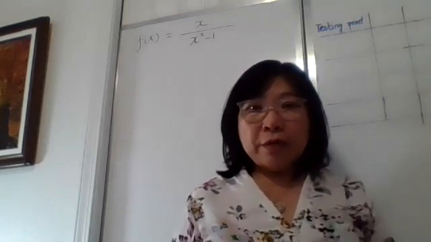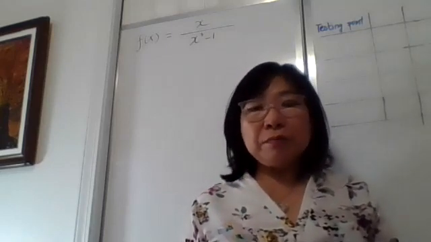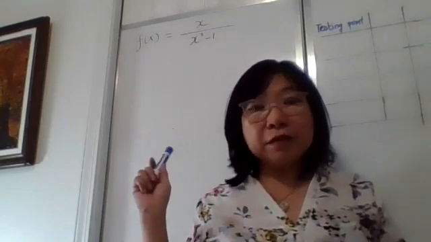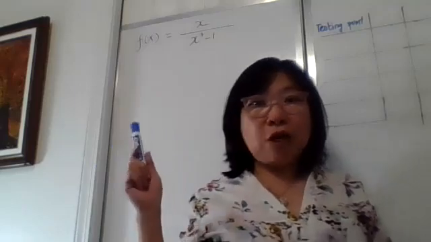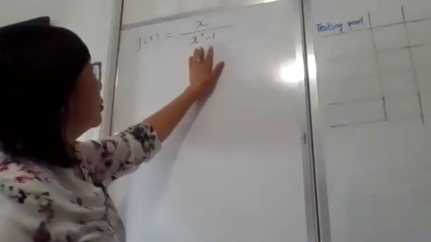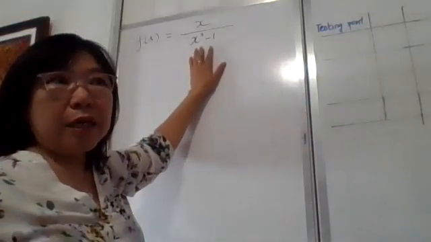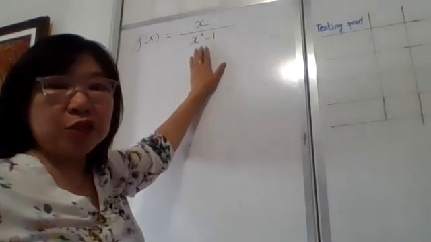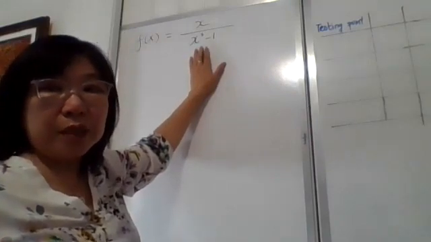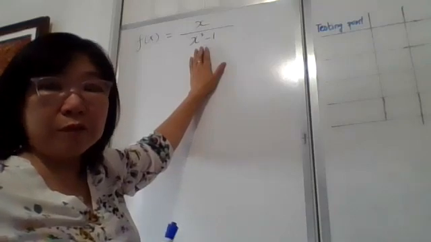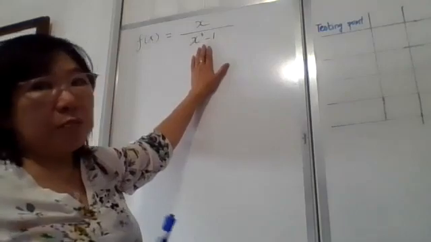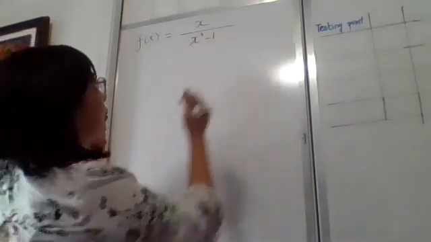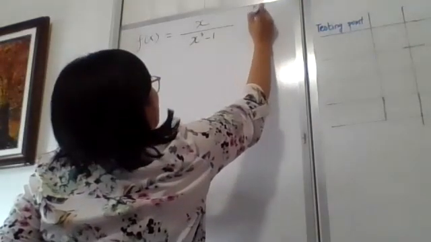Now, that is a numerical value. However, because our x is a variable, we don't know whether any value of x makes the bottom of this expression become 0. And we want to avoid that, right? We don't want 1 over 0.